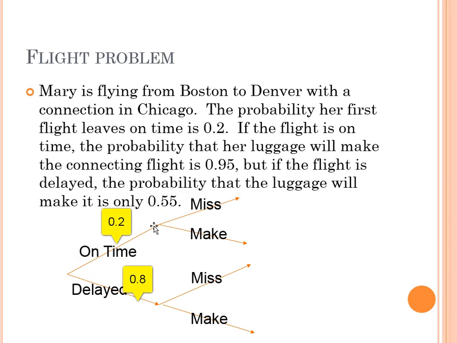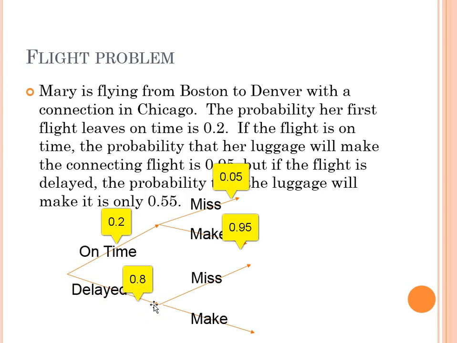The probability that her luggage will make the connecting flight is 0.95. So the probability that she makes it is 0.95. The probability the luggage misses is 0.05. This last statement then tells us the probabilities on the bottom branch. If the flight is delayed, it means that we've taken this path of being delayed.